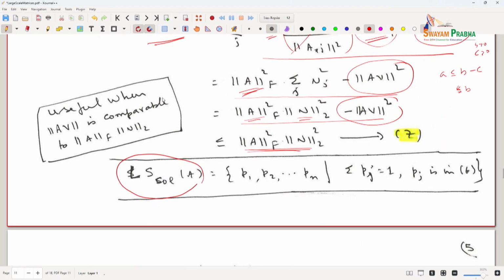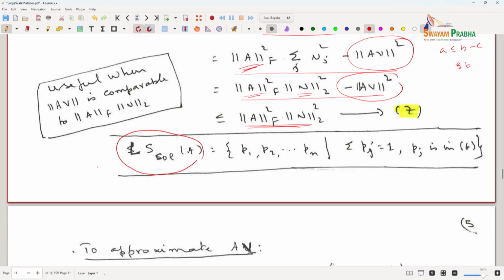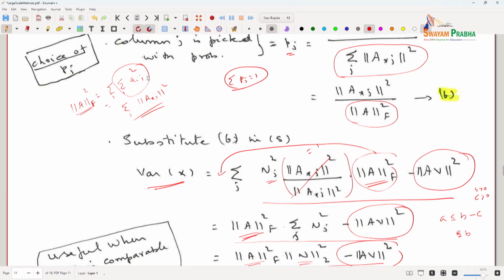So, LS column refers to the importance sampling, IS, probability, which is given by P1, P2, ..., Pn. The sum of Pj is 1 and the Pj's are given by 6. Let us go back and see what 6 is. 6 is essentially Pj equal to the square of the energy in the jth column divided by the total energy in all columns, which is measured by the Frobenius norm.